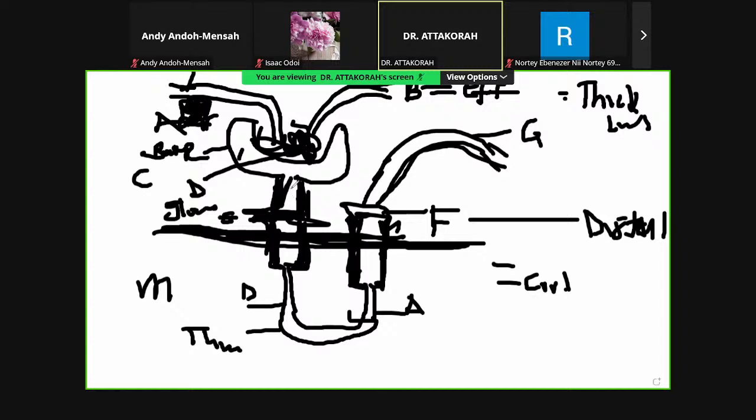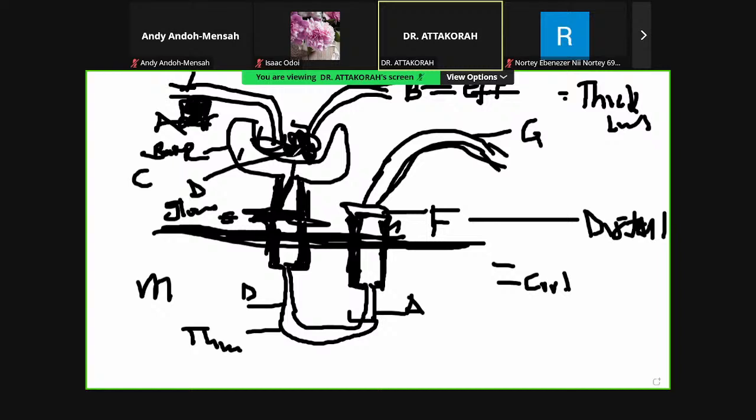This filtration will go through here and get into the proximal convoluted tube. At the proximal convoluted tube, there will be reabsorption.